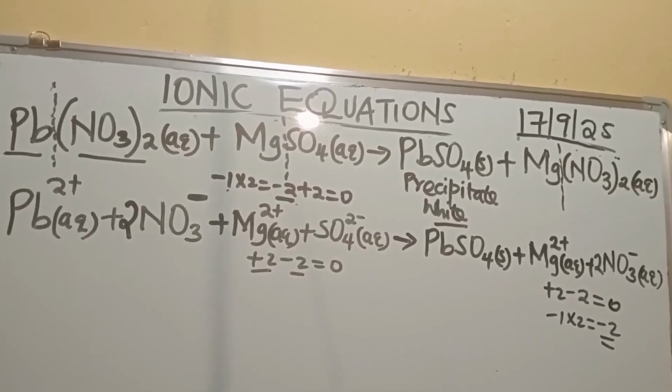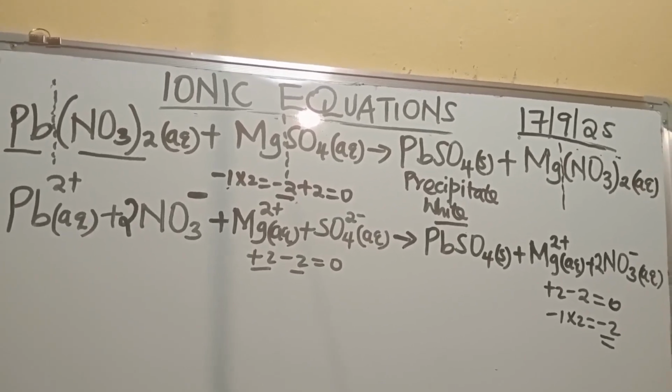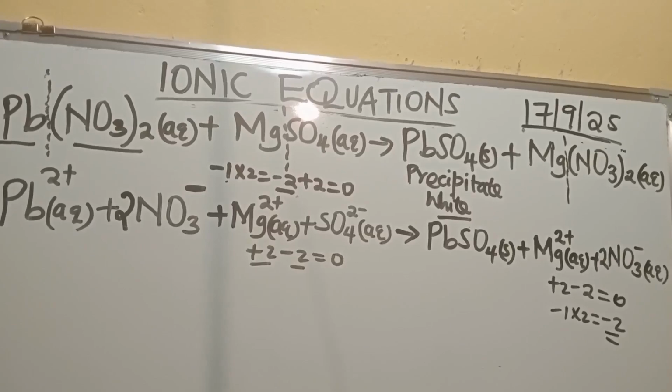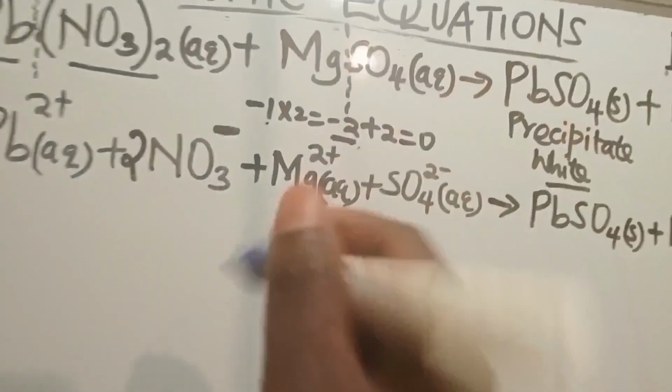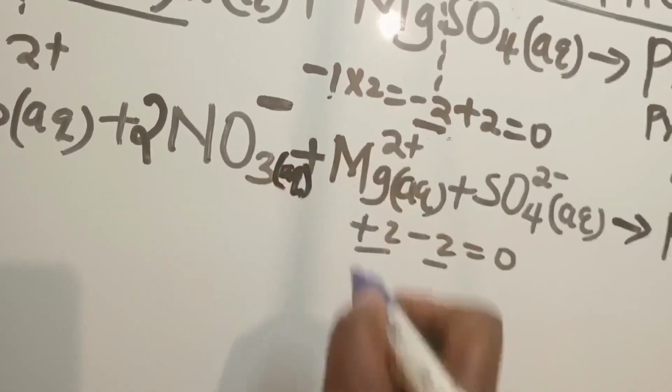Let us go to nitrate. In the reactant side, nitrate is 2NO3 negative, and we forgot to put the aqueous. It is very important. We put the aqueous there.